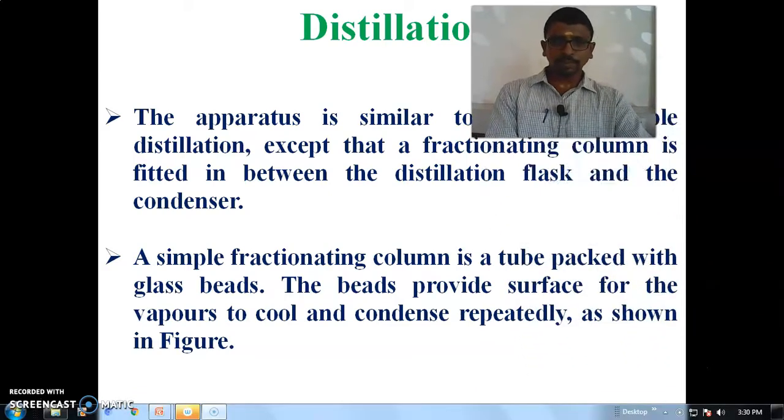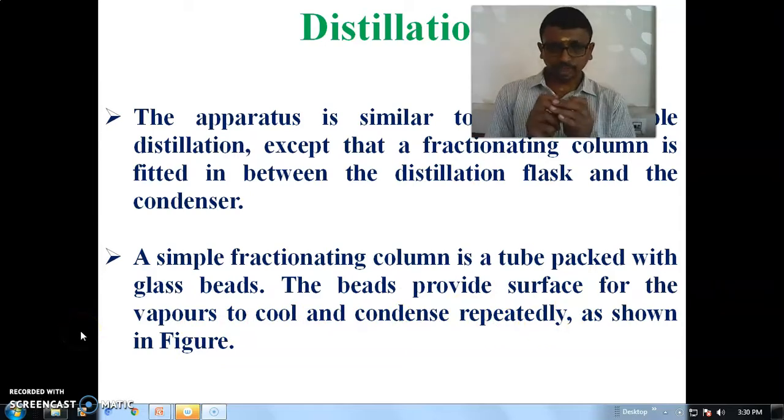So a simple fractionating column is a tube packed with glass beads. So the fractional column has to be packed with the glass beads. The beads provide surface for the vapors to cool and condense repeatedly, as shown in the figure.